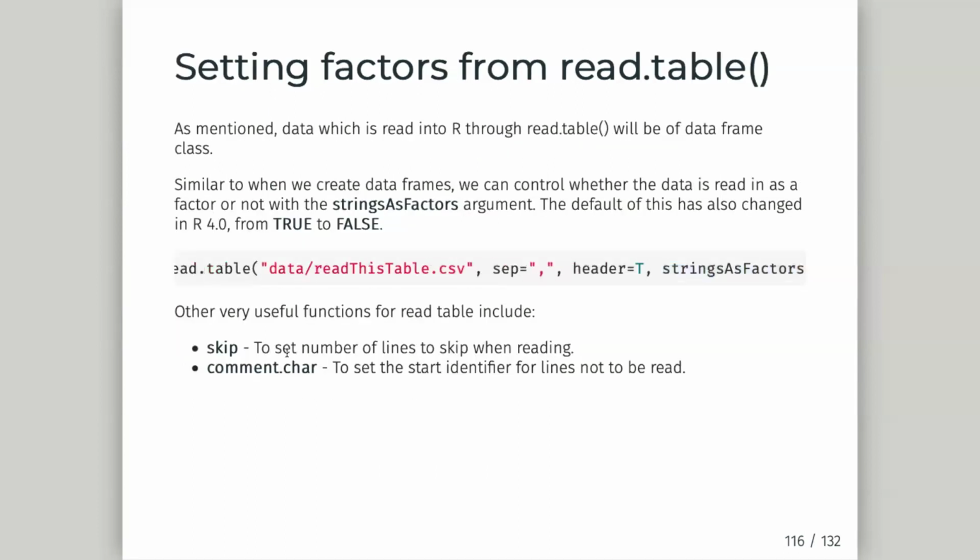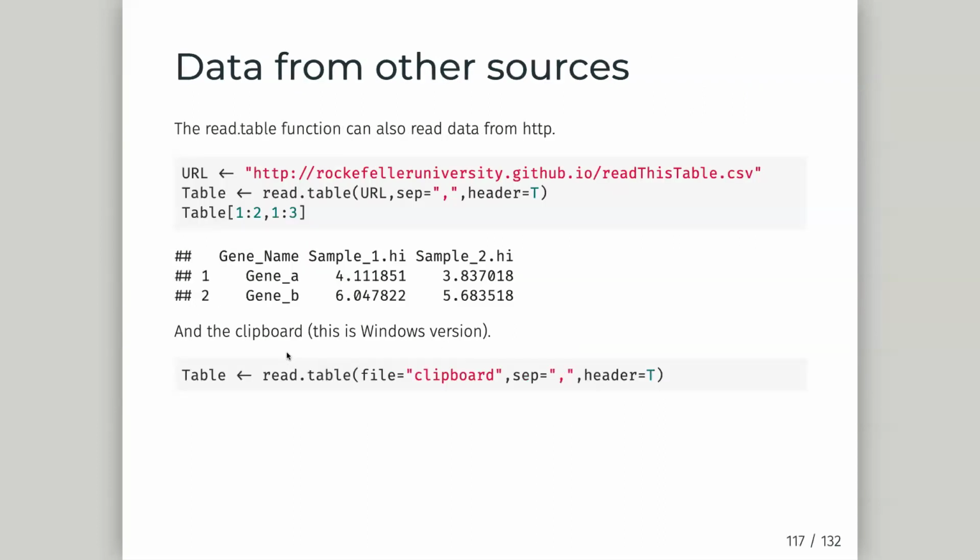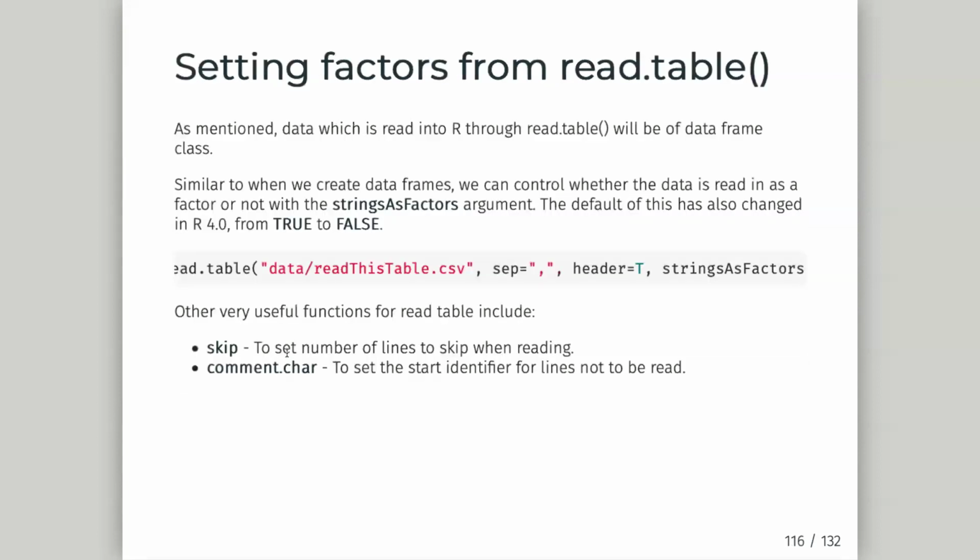So right. There are a couple of other useful functions here, and I'm not sure we have any examples of their use, but I do have extensive examples of this in the exercises. And these are going to be really useful later on. One is skip.